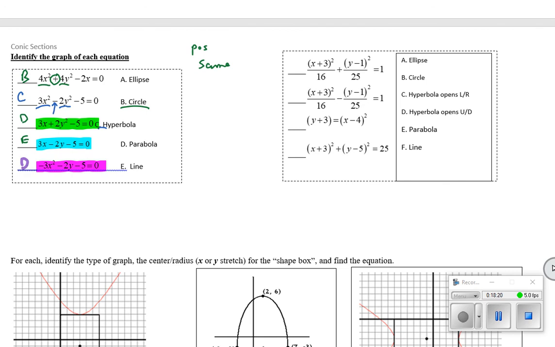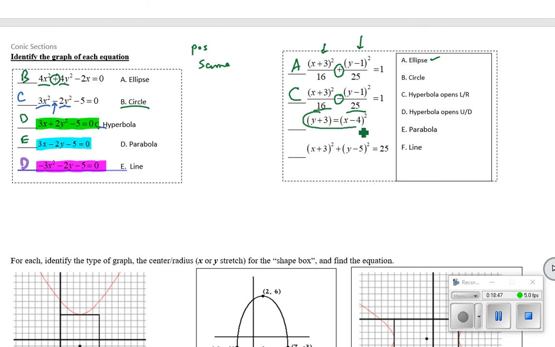Let's look at this one. You have 1/16 x squared and 1/25 y squared. They're both positive, but they're different. That is an ellipse. You have 1/16 x squared and minus 1/25 y squared. That's a hyperbola because it's minus, but because the x is positive, it opens left and right.